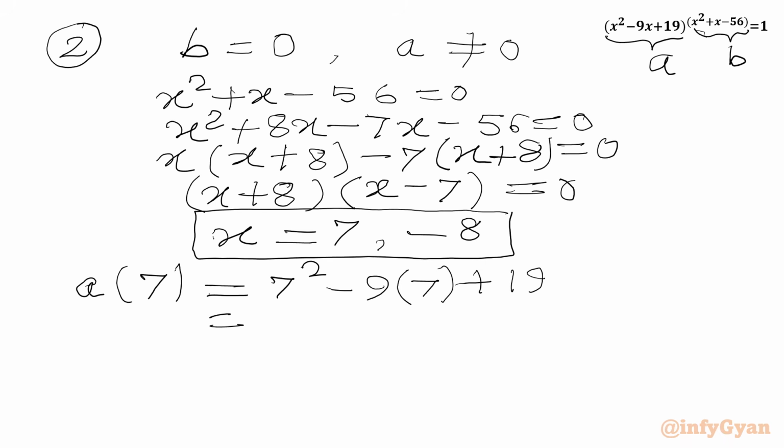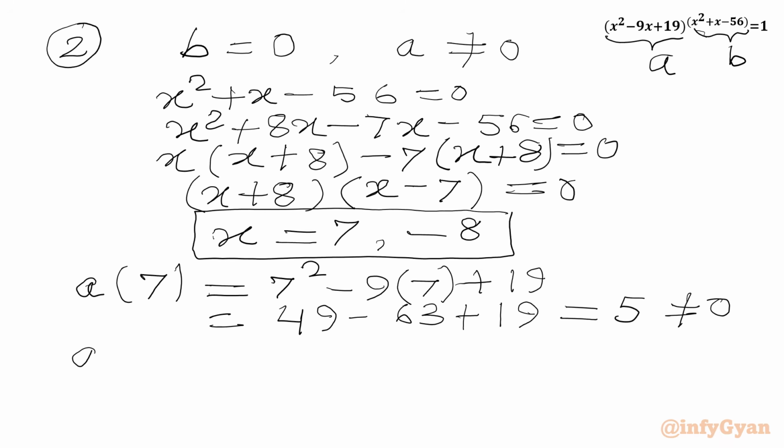Value will be 49 minus 63 plus 19. 49 plus 19 is 68. 68 minus 63 is 5, which is a non-zero number.